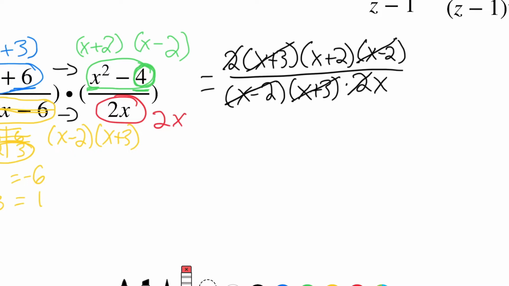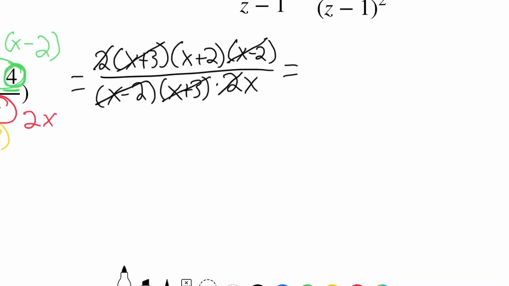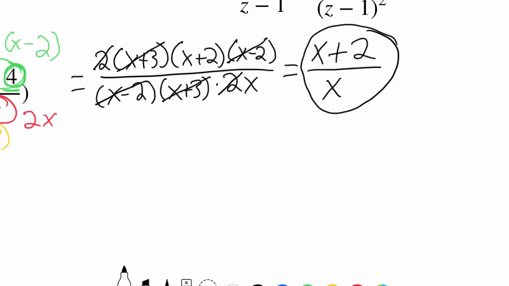So we're left in the numerator with x plus 2, and in the denominator we have just x. So we can stop there as our answer.